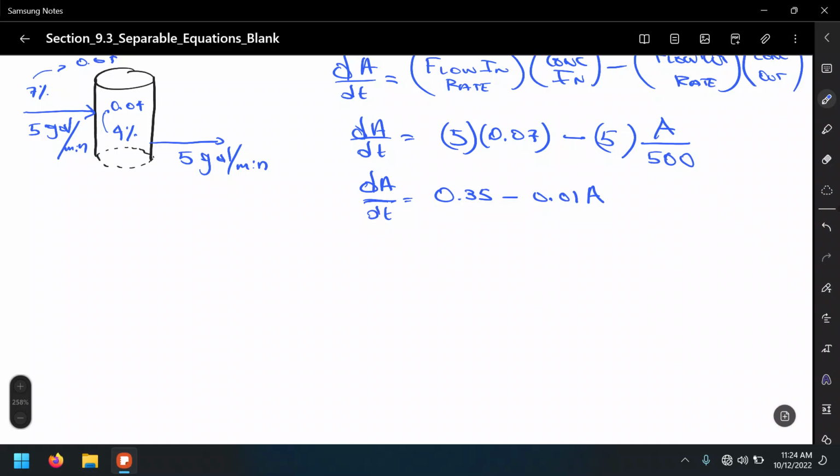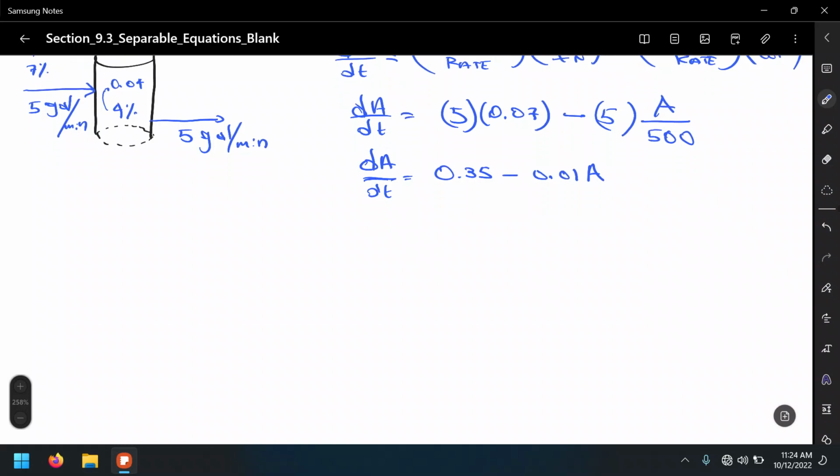Let's have the t's on the right hand side and the A's on the left hand side. dA equals (0.35 minus 0.01A) dt, and isolating dt, we can divide both sides by this 0.35 minus 0.01A, and that dt.